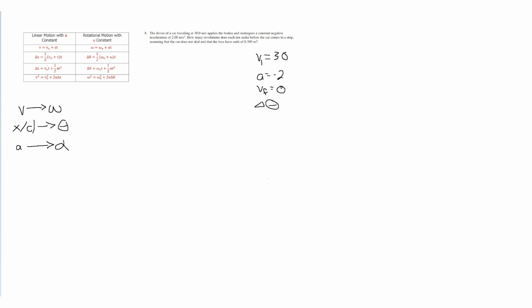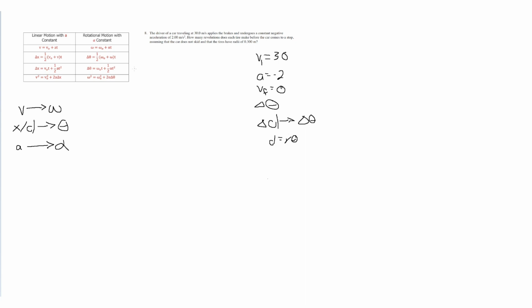There are a couple of ways we can do this problem. We can either change all of these into w, alpha, w, or we can just solve this problem for d and then change it to delta theta by saying d equals r theta. So that's what we're going to do here.